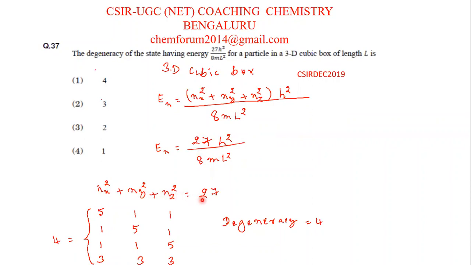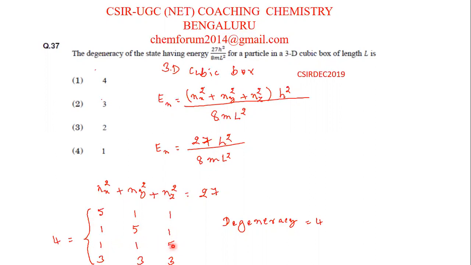Further, we need to find the set of quantum numbers which, when squared and added, will give 27. If we assign 5 to nx, 1 to ny and 1 to nz, then squaring and adding, you will get 27: 5, 1, 1. The same quantum numbers can be arranged as 1, 5, 1 and 1, 1, 5.